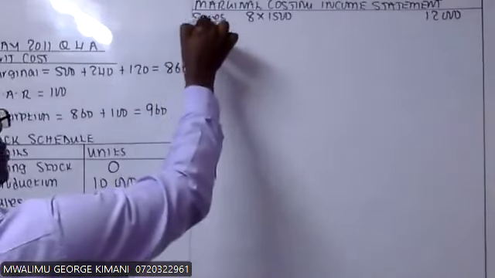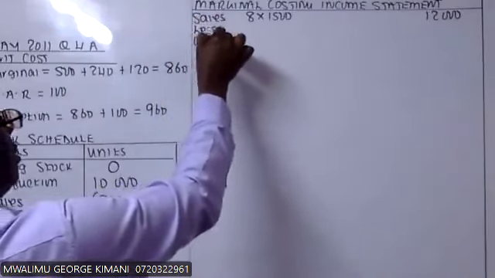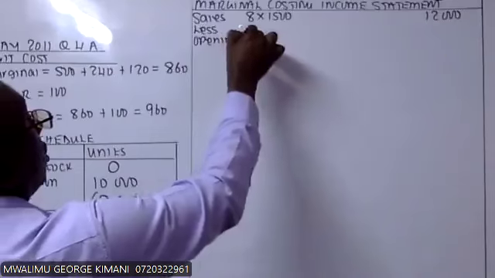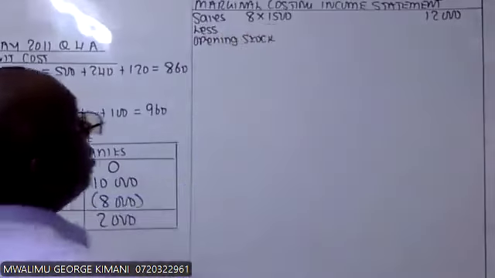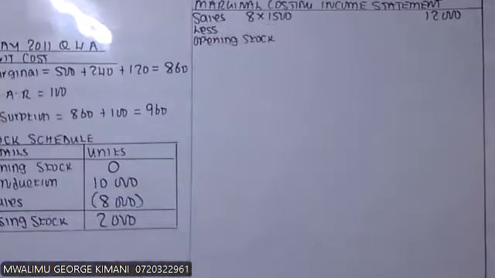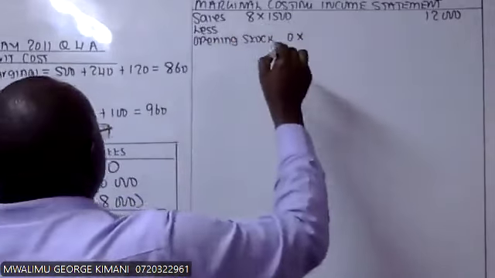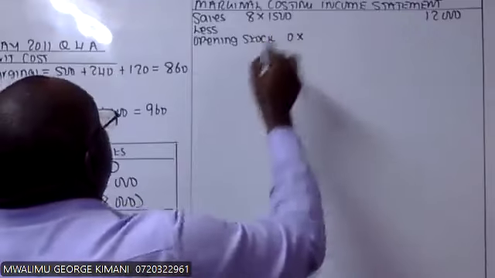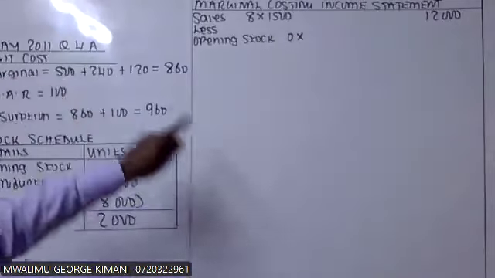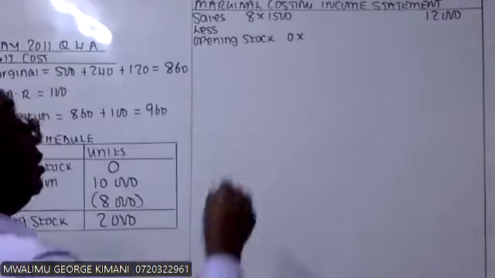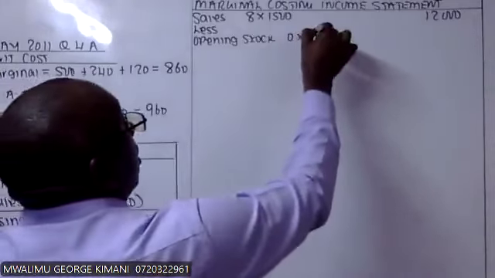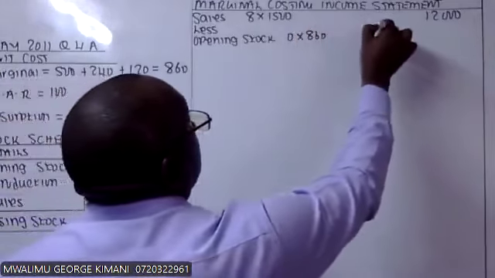You less opening stock. Now the opening stock is still 0 times, now we use, 860. So that is 0.